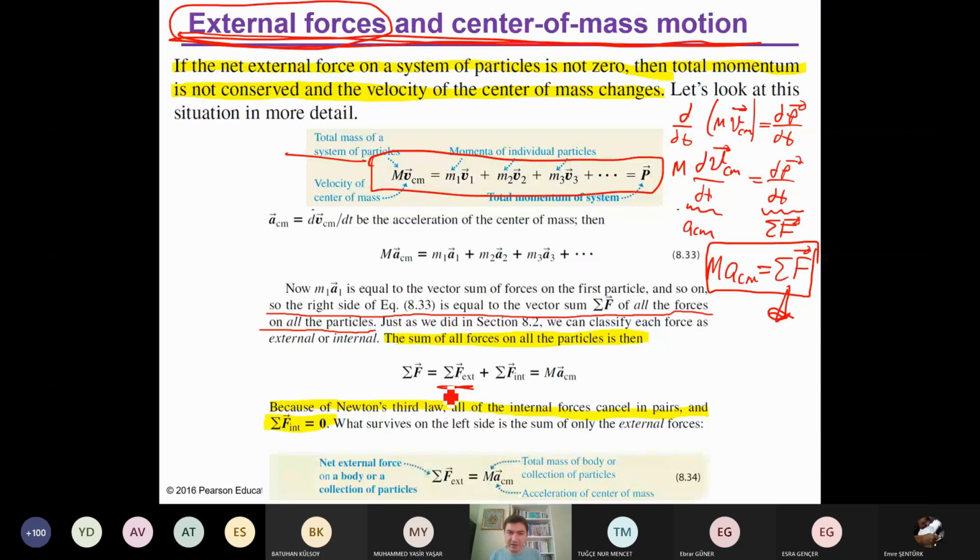This is the sum of all forces on all particles, which is given by M times a center of mass. And what about the total internal forces? In the previous lecture, we discussed isolated systems. In isolated systems, due to Newton's third law, all the internal forces cancel in pairs. Then this is zero. Remember the two astronauts? So they touch each other.